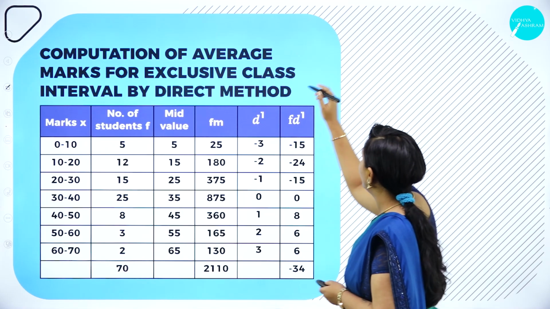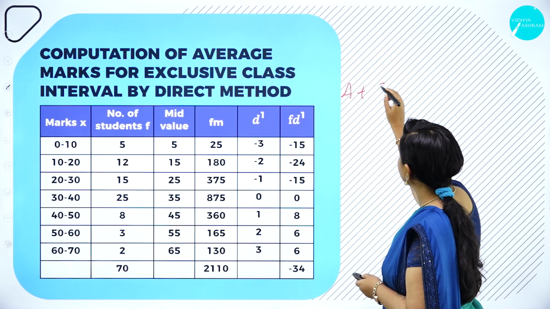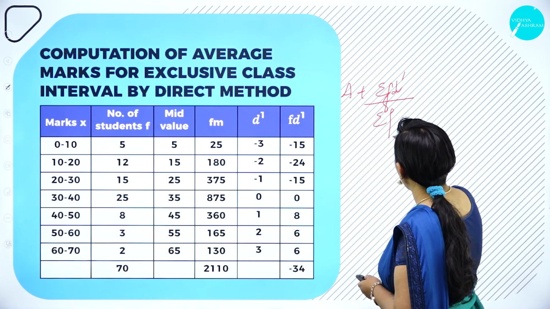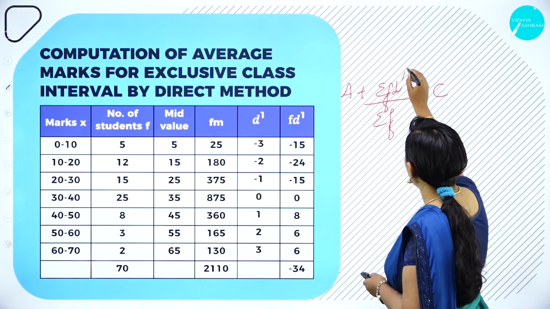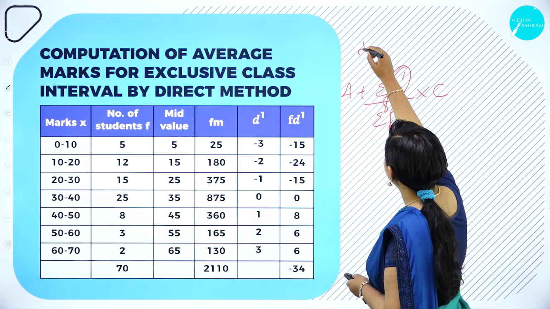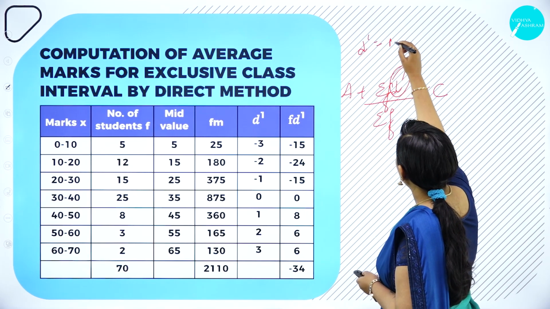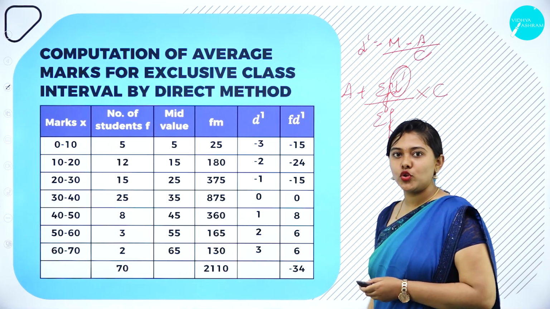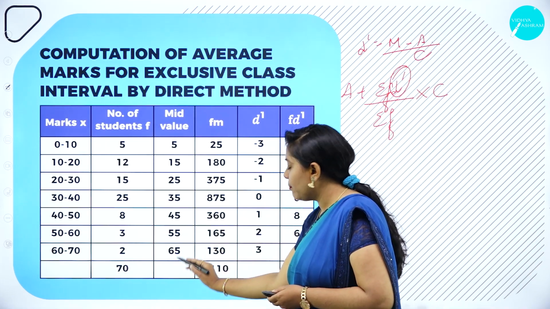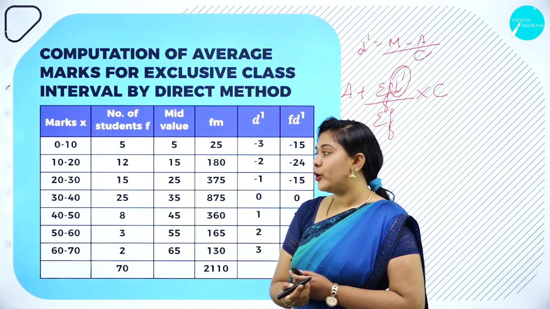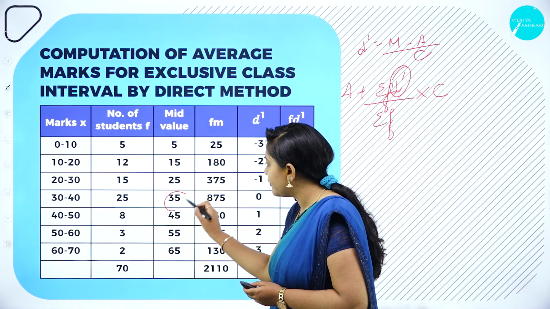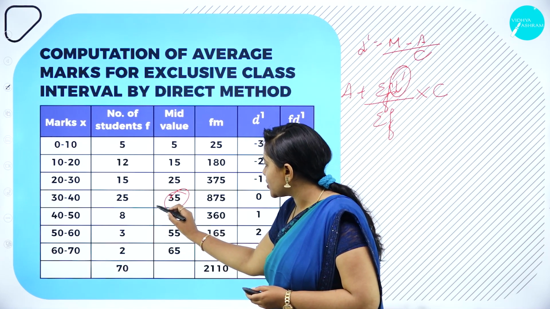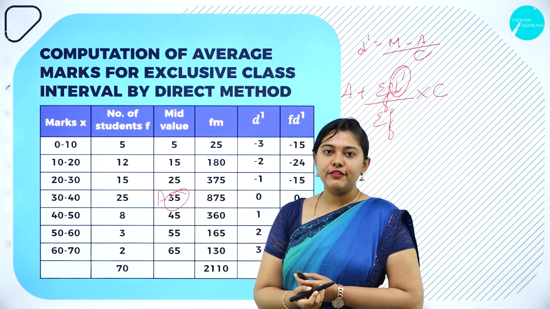Your D dash is equal to M minus A divided by C. Among M, you can take any assumed mean. So you can take 35 here. So we are assuming the mean as 35.